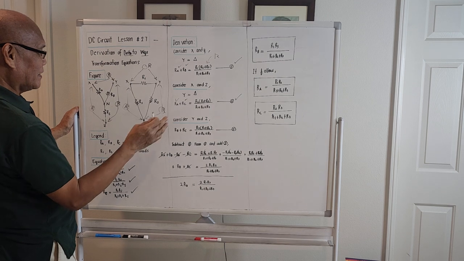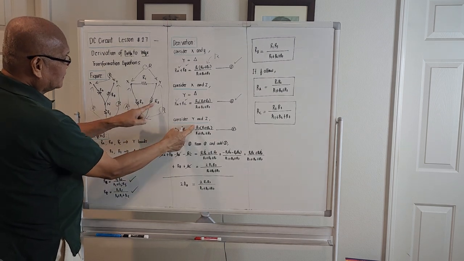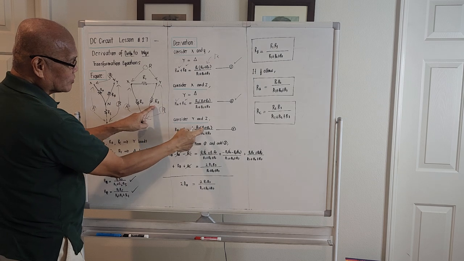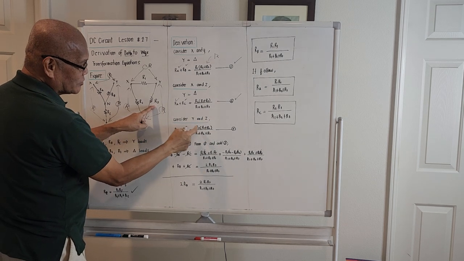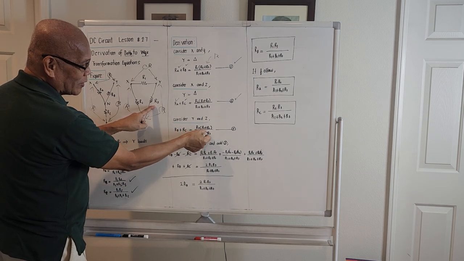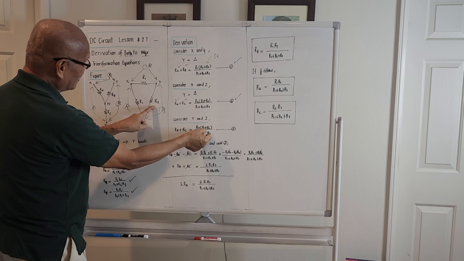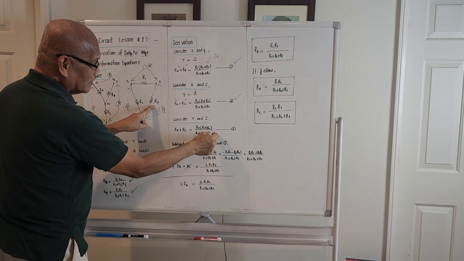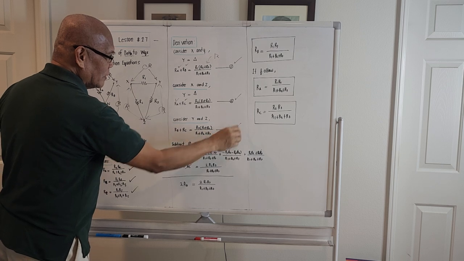So it will be R3 times the single equivalent of R1 and R2. First one, second one, unluckily the second one comprises two resistances which are in series, R1 and R2, all over the summation. That will be equation number 3.